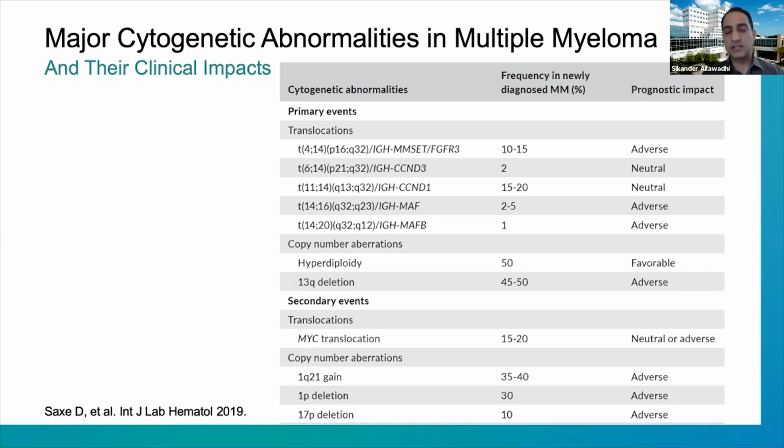So this is something that you can look at. But when we say, for example, in the middle of this screen, hyperdiploidy, 50% favorable, what this means is that as compared to the adverse or high risk factors, patients who have hyperdiploidy are more likely to respond to treatment or have a better, superior outcome.